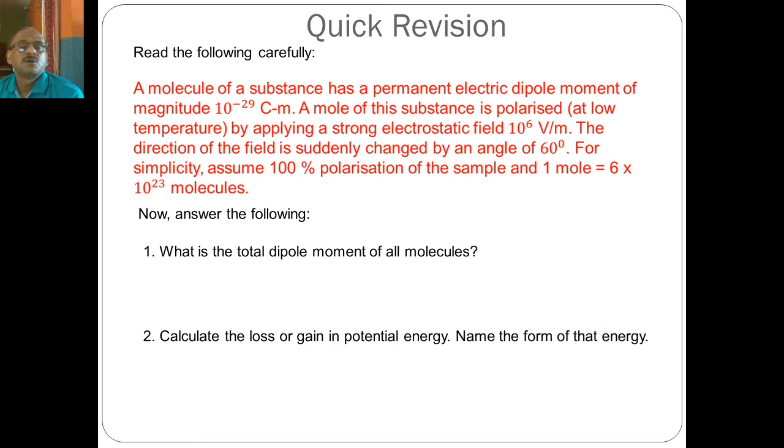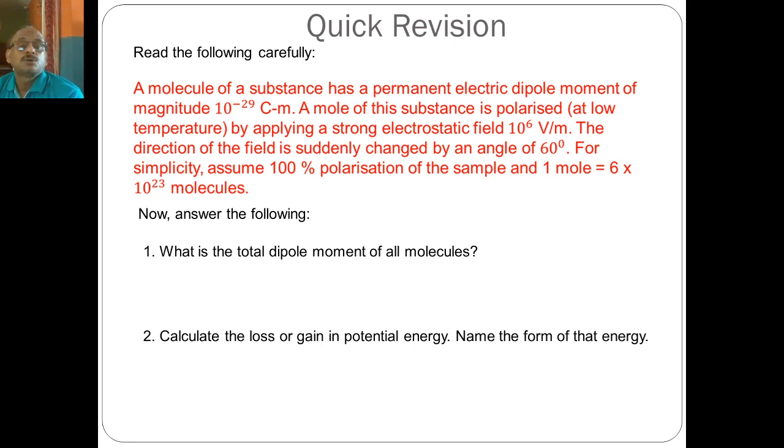First, what is the total dipole moment of all molecules? Just do the calculation. Here one molecule has dipole moment 10 to the power minus 29 coulomb meter, and there is 1 mole of molecules.